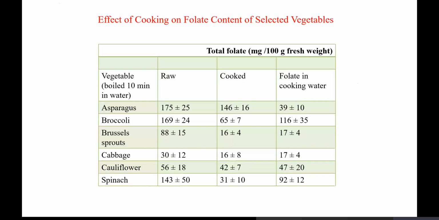This table indicates how cooking can affect folate content in different forms. For example, 100 gram fresh weight of broccoli showed 169 milligram of folate, whereas the same broccoli's folate content decreased to 65 when it was cooked, and when the cooking water was analyzed, it had entirely leached into the cooking water. The cooking water showed 116 milligram.